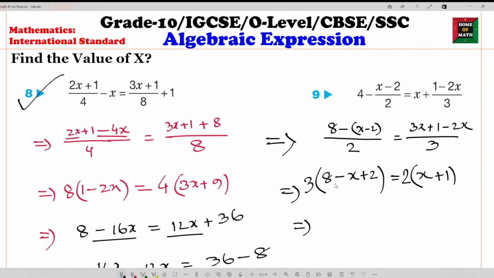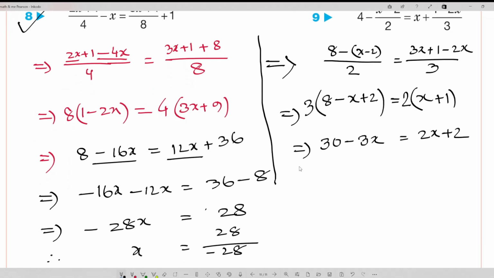Okay, now look, 8 plus 2 is 10, 10 times 3 is 30, and 3 times 1 is, here is minus 3x, and here is 2x plus 2. Okay, now minus 3x minus 2x equals 2 minus 30.